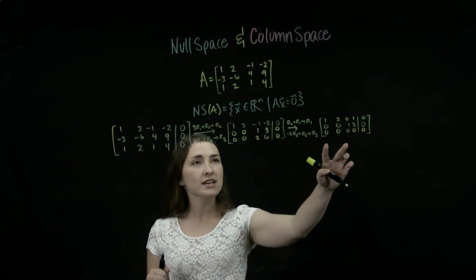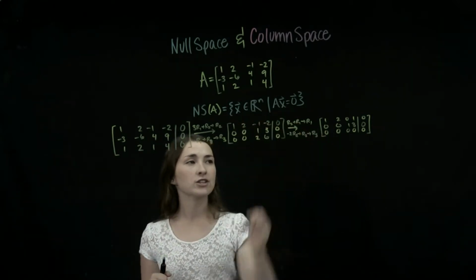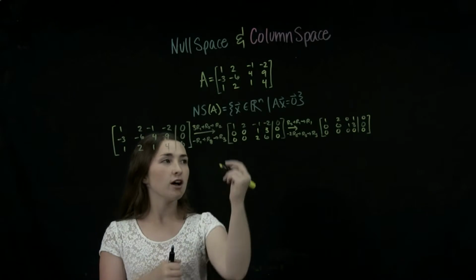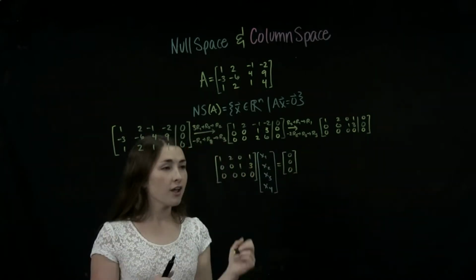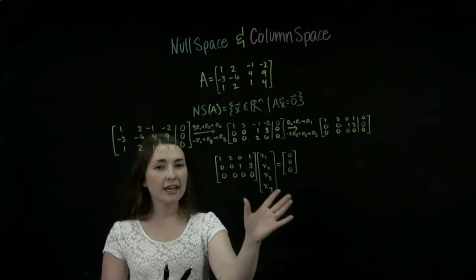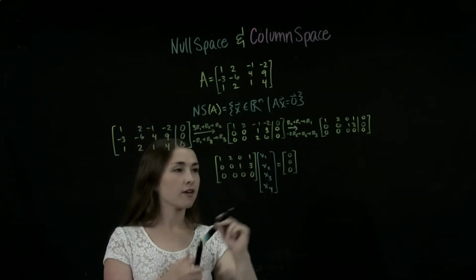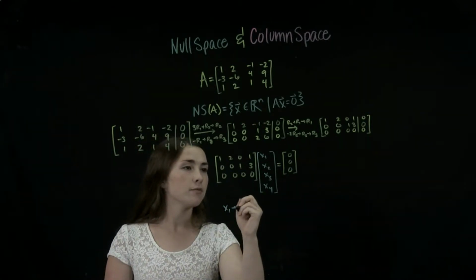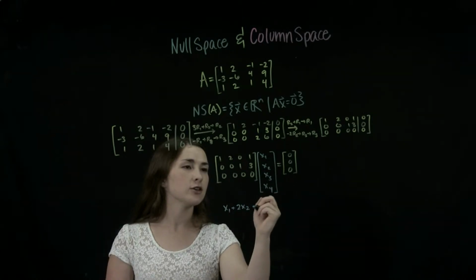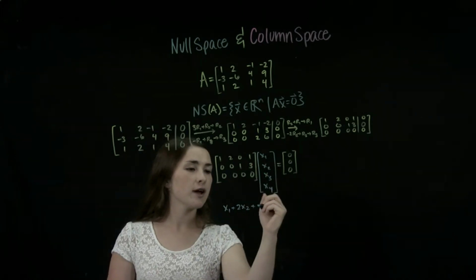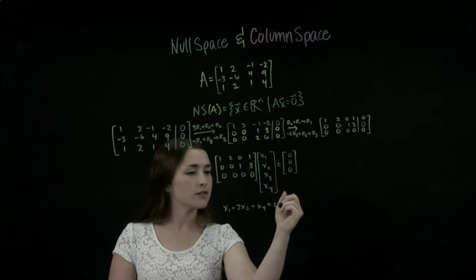So remember that this is trying to solve our equation. When we are solving this, we're going to get a system of linear equations. So we're going to have x1 plus 2x2 plus 0x3 plus x4 is equal to 0.